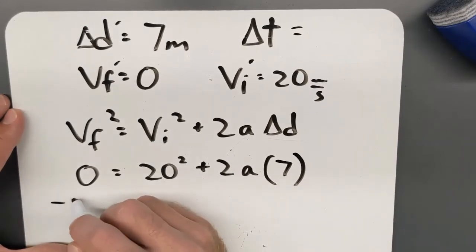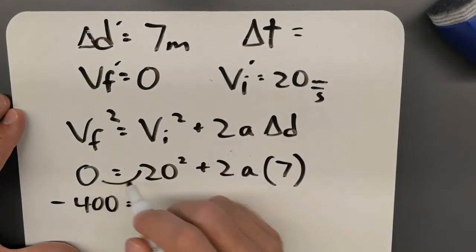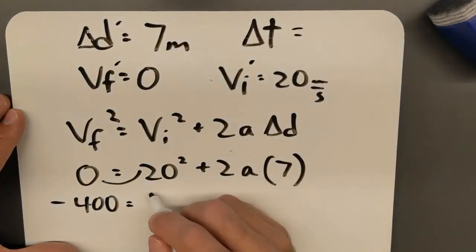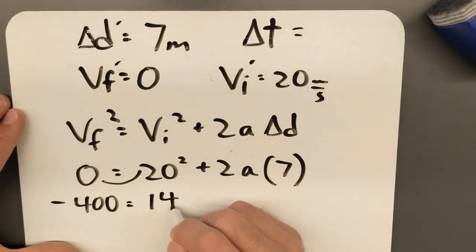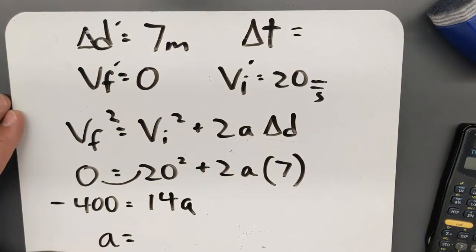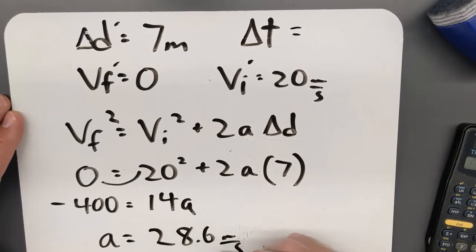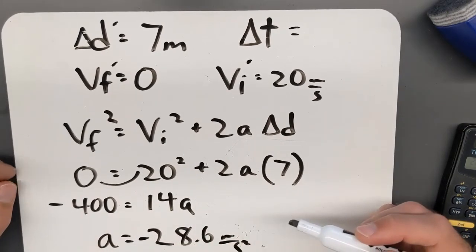This goes over here as negative 400. Remember that's going to go over there, subtract it over. 2 times 7 is 14A. Divide by the 14 using simple algebra, and 400 divided by 14 gives me 28.6 meters per second squared, and notice that's negative, which makes sense because he's slowing down.